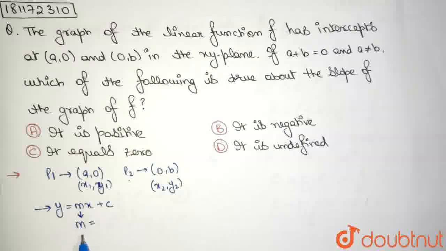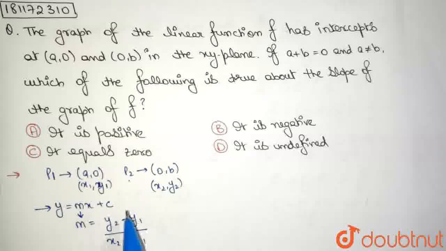We can say that the slope m of that particular line is nothing but y2 minus y1 upon x2 minus x1, for any 2 points. So here we have points p1 and p2. So we can substitute the values of y2, y1, x2 and x1 and find the slope m. But since these are constants, we need to apply our brain a little bit more to obtain some sort of relation to comment on it being positive, negative, equal to 0 or undefined, right?